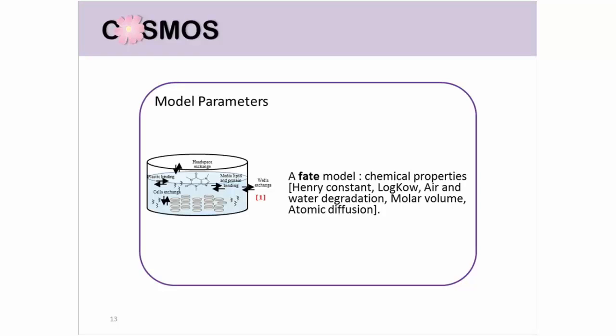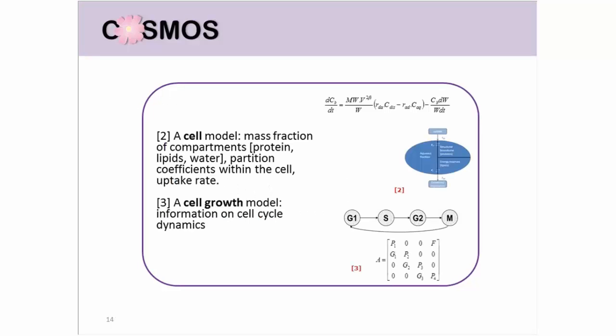All of these in the model are based on QSAR predictions. The cell model tells you how much of the chemical is taken up within the cell, and the diffusion in the cell between the 3 different compartments, so the water, the protein, and the lipids, and it's built up of partition coefficients and mass fractions of these compartments.